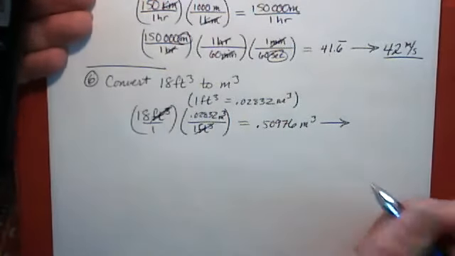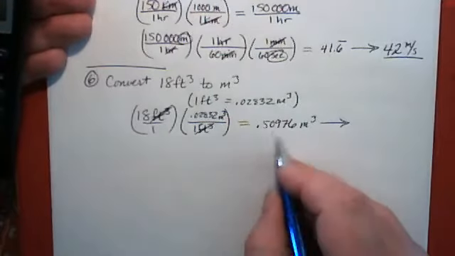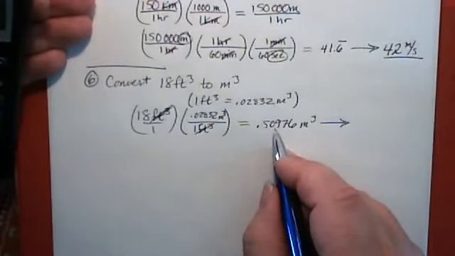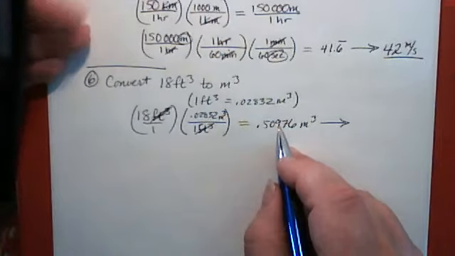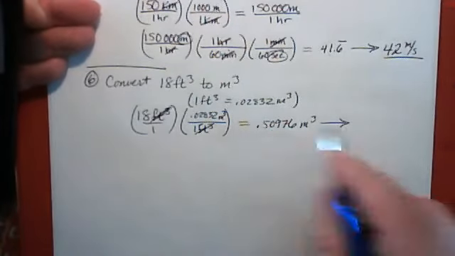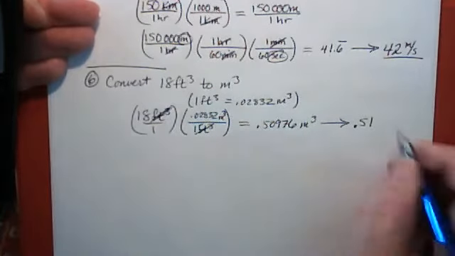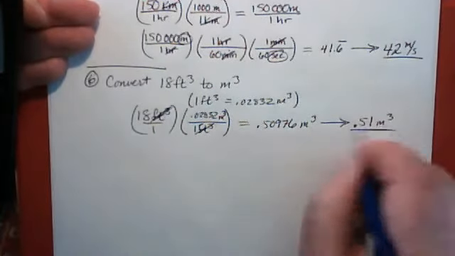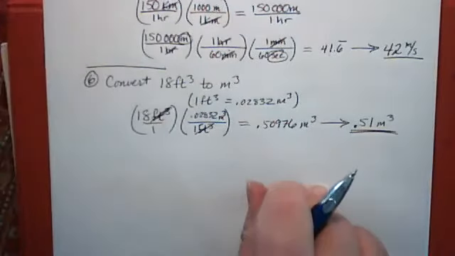Too many significant figures because of this we can only have 2. So that's going to be the 5 and the 0. Everything else has to go. The first number you're dropping is 9, which is greater than 5. So the number before it has to go up by 1. So that's 0.51 cubic meters. And there you go.